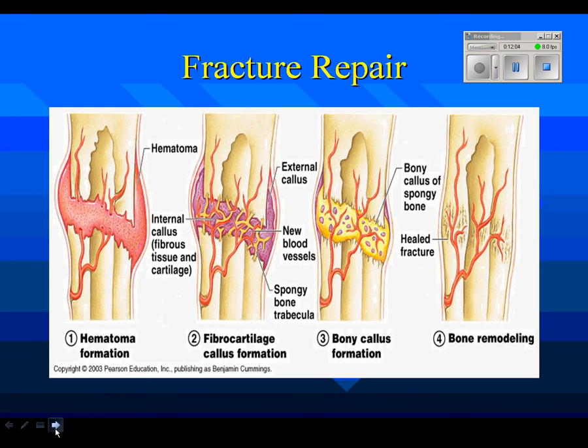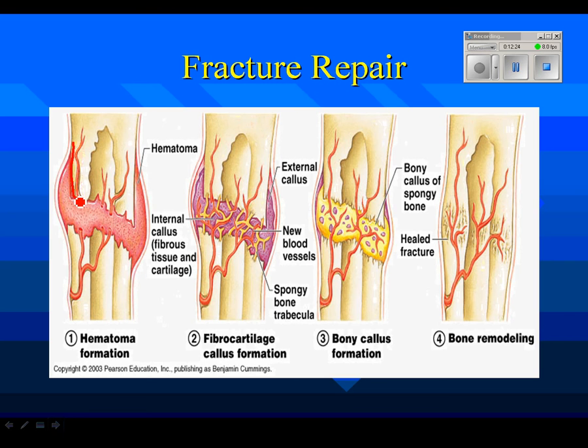But anyway, in a fracture repair, any break in a bone is called a fracture. So you might hear somebody say, well, do you have a fracture or do you have a broken bone? Well, they're the same. In here, what will happen first is the bone breaks and you get this inflammatory response we'll talk about later.